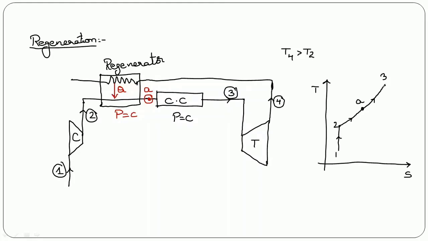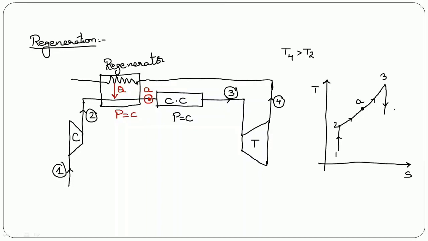That means the amount of heat supplied is reducing because of effectively utilizing the heat that is going as waste from the turbine. As a result, as the heat supplied is reduced, the thermal efficiency improves.